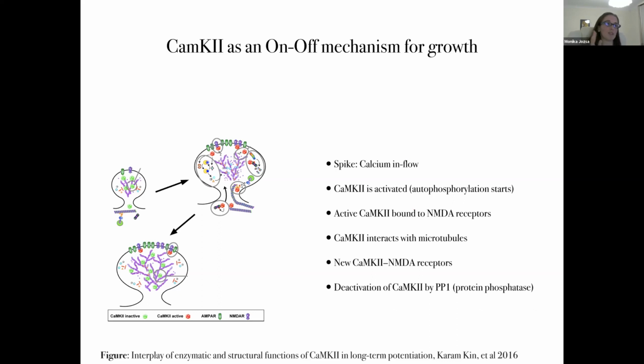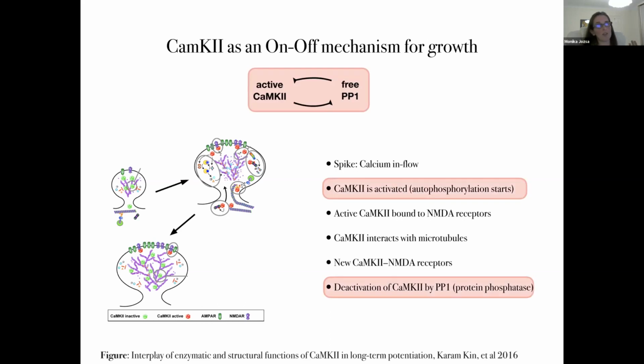But what happens is that a spike comes in and this enzyme, CaMKII, gets activated. When the spike is already gone, it's still active for some time, so it keeps this signal on. There is also a phosphatase called PP1, which slowly deactivates CaMKII. So this is how a switch mechanism can happen. But I will get back to it at the end of my talk.